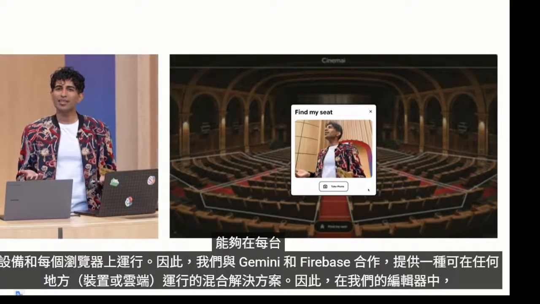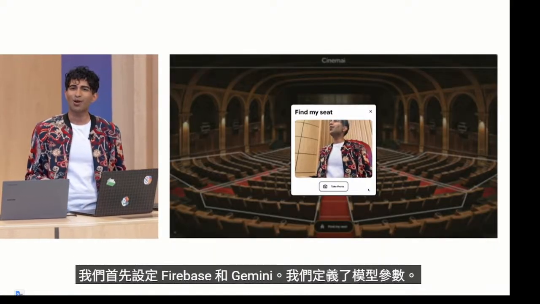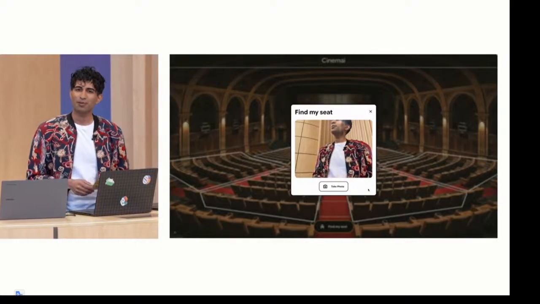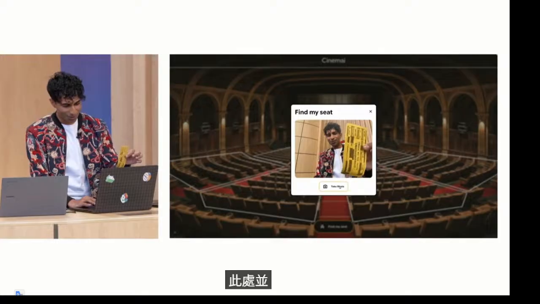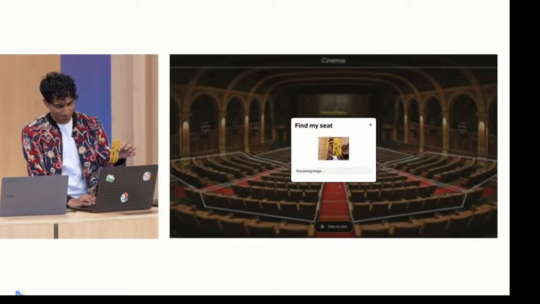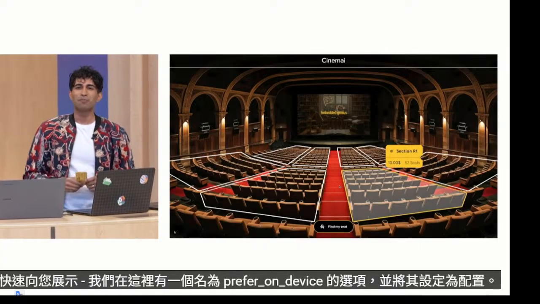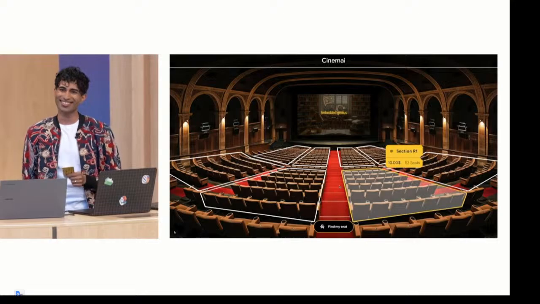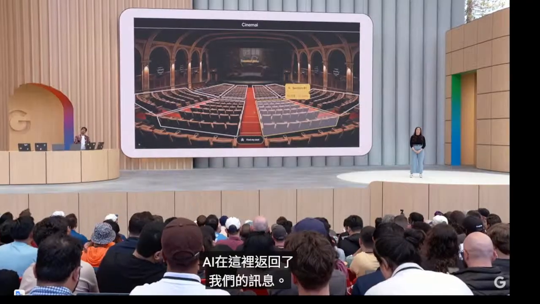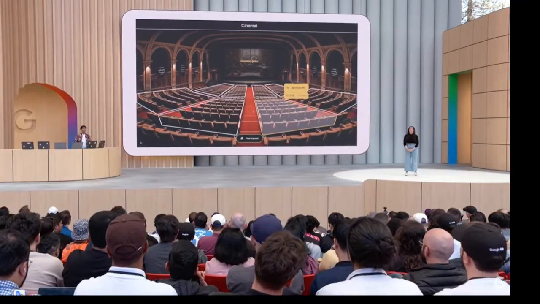Now, normally, I'd be doing this with my phone, but I'm just developing right now. And so I'm just going to use this webcam. I'm going to snap a photo of this ticket. Let's try this out. And bam. The built-in multimodal AI instantly located my seat section in the theater.